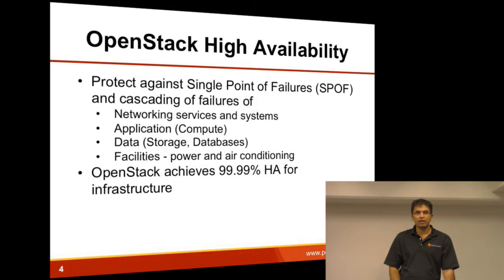OpenStack achieves 99.99% HA for infrastructure. I believe that's about 5 minutes in a year, or maybe it's an hour. So it's less than a day. It's 5 minutes to an hour if we do the math.